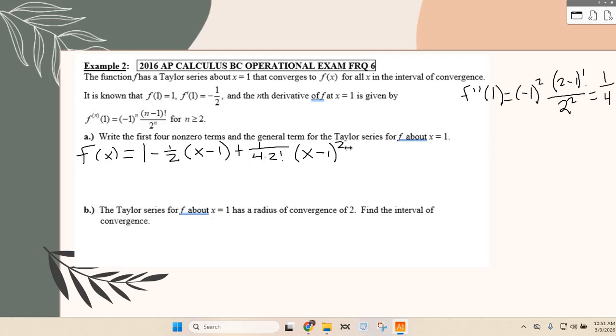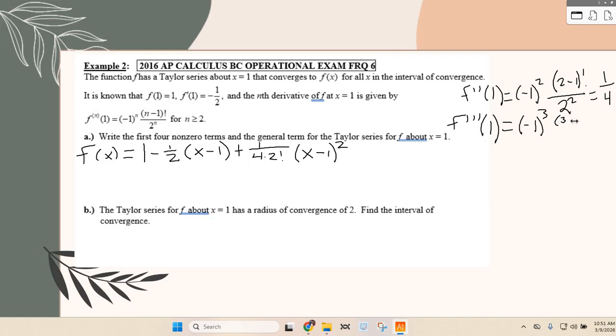Just 1, right? Because it doesn't say the 4th derivative, it just asks us for 4 terms. So since I didn't have a 0 as my first term, I only need to go up to my 3rd derivative. What is my 3rd derivative going to be? We'll have a negative 1 to the 3rd, so that's going to make it negative.